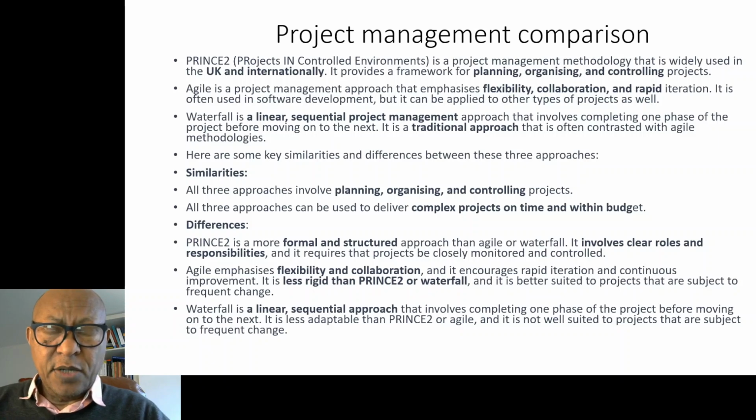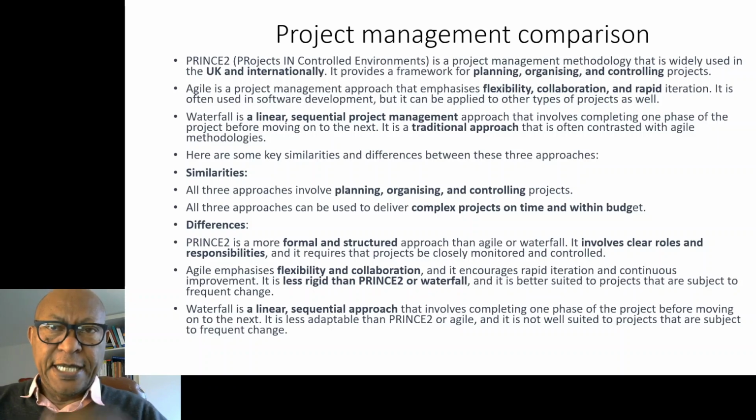The third one which I'm going to talk about is a much more traditional way of managing a project. This is what we call the waterfall project. This is based on linear sequential project management.